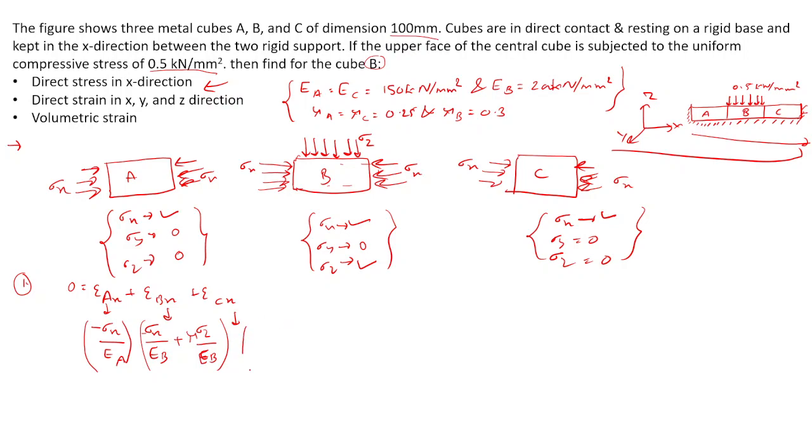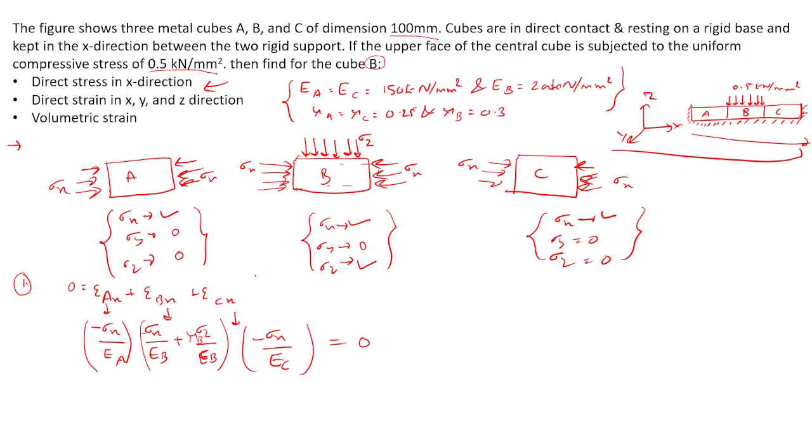In the same way, epsilon of C in the direction x we can easily find, minus sigma x by EC, right? It would be 0 for the rest. Here we know the value of mu. Mu of B would be there, right? Because mu is different for different materials. So we know EA, EB, EC, sigma z, and mu B. Everything we know. Here only sigma x is the variable, right?